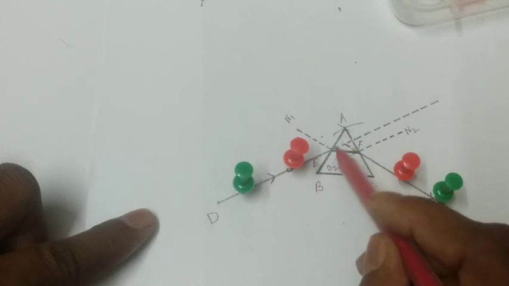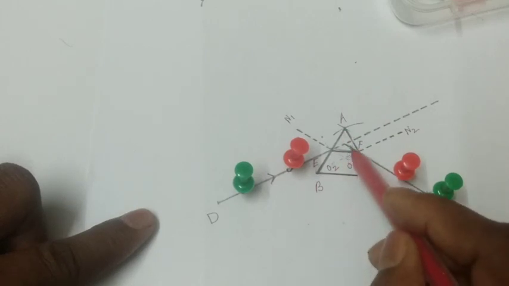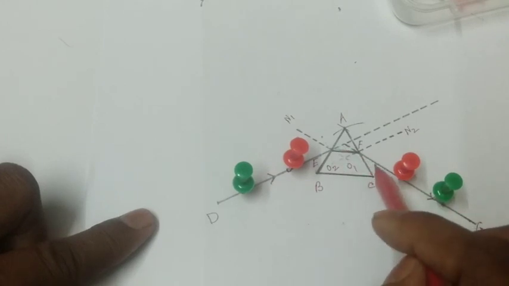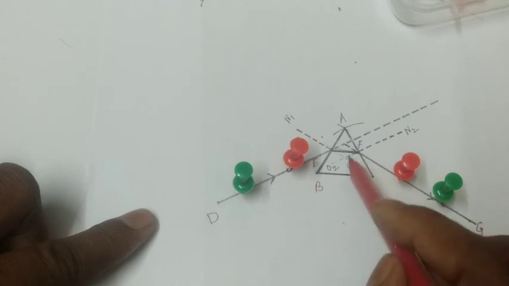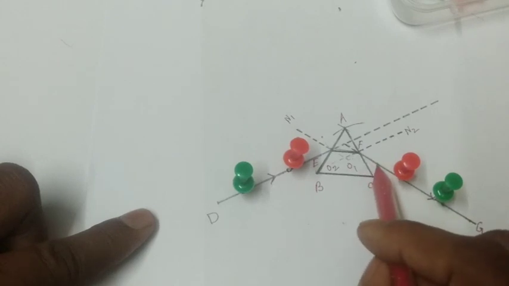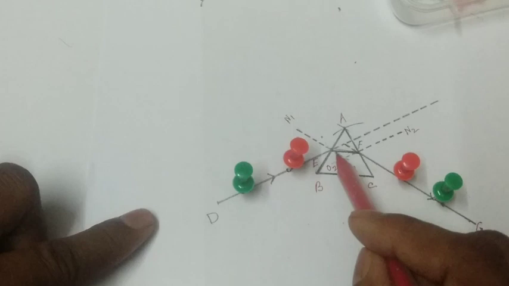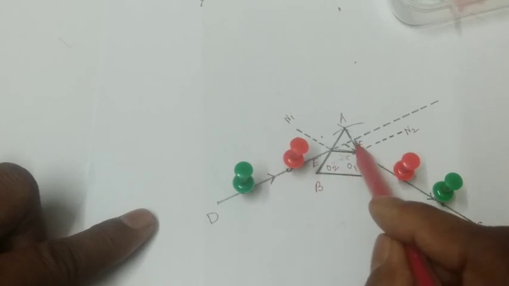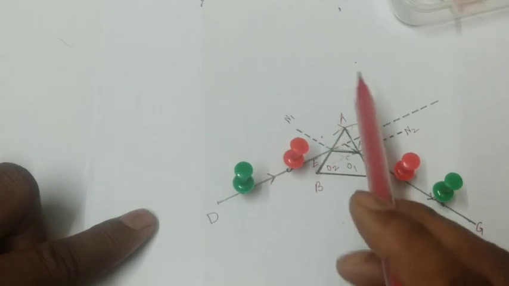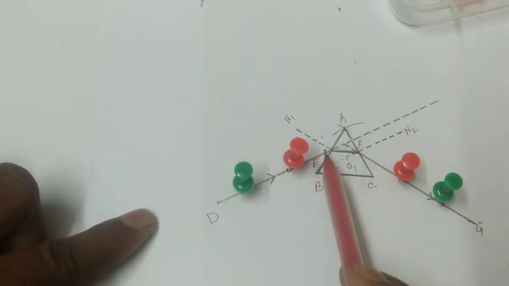But when the prism is here, this incident ray got refracted. After that, it is the emergent ray. The angle between the emergent ray and the incident ray extended is the angle of deviation, right? We'll measure the angle of deviation also.